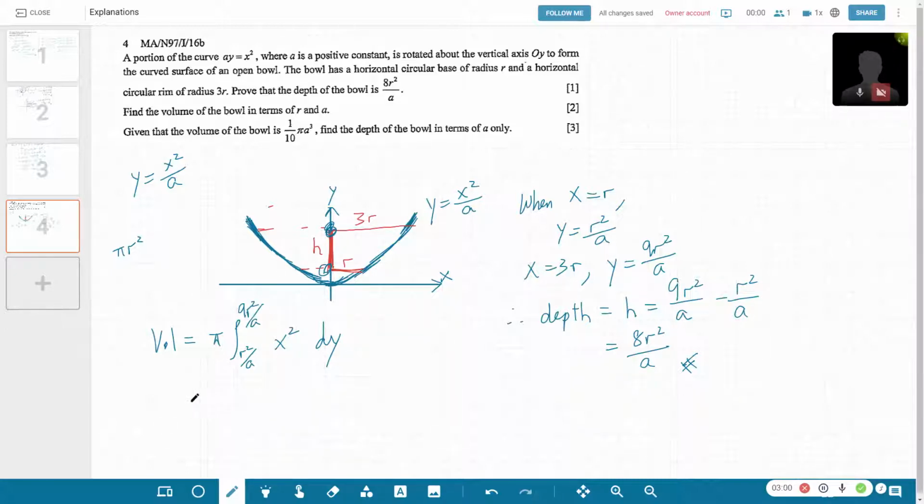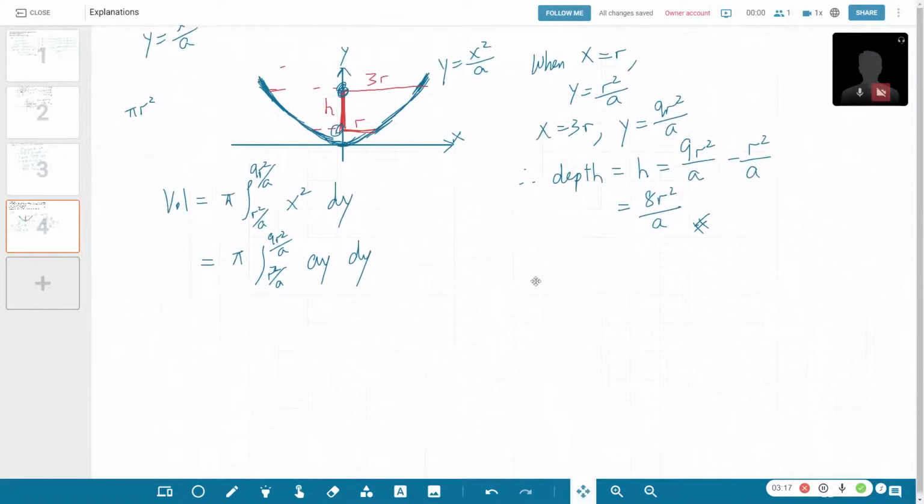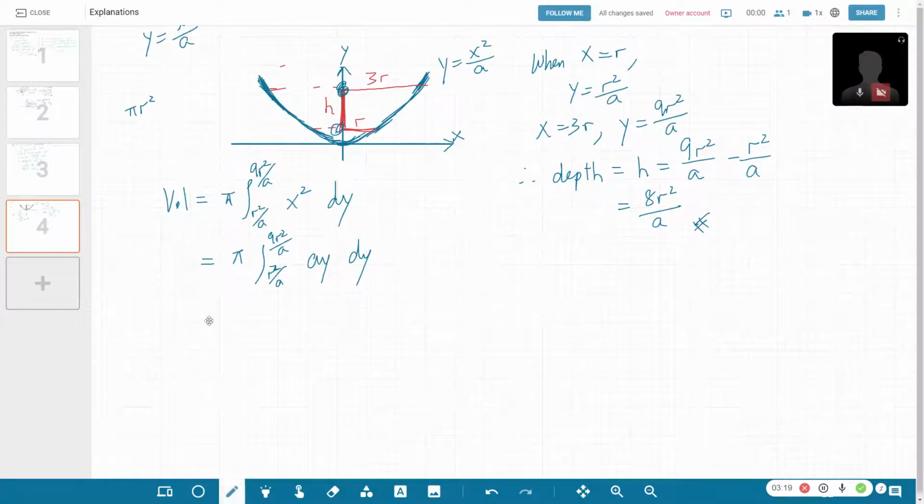Okay, so x squared we know is ay, so we integrate pi times ay dy from r squared over a to 9r squared over a. You get ay squared divided by 2 from r squared over a to 9r squared over a.